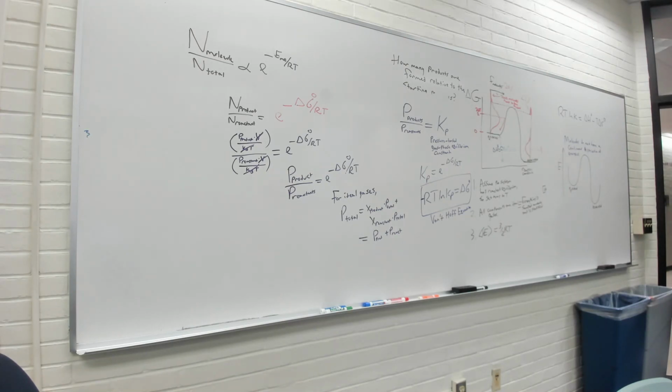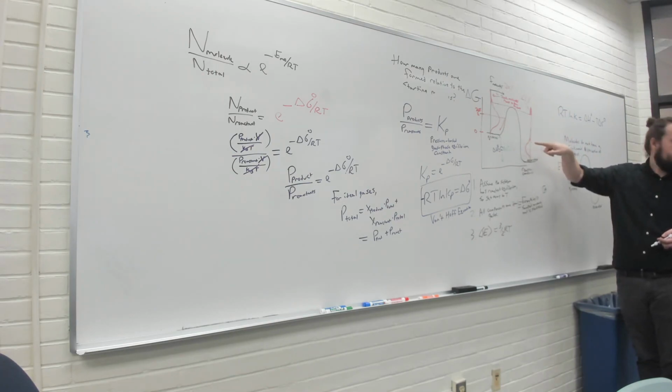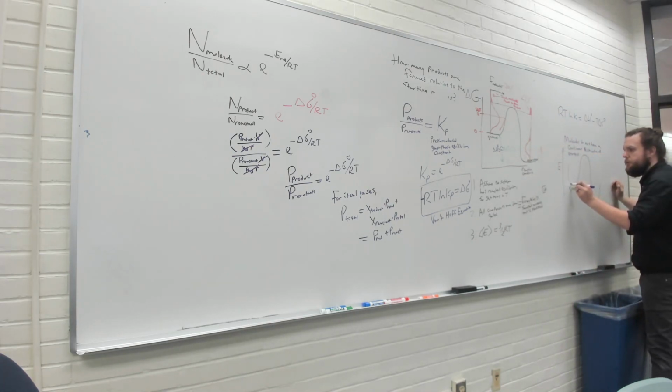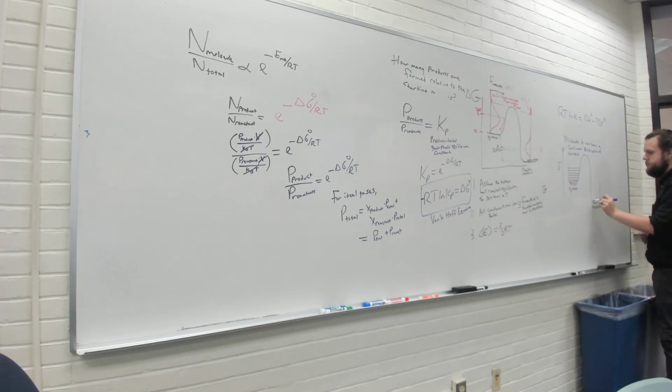They can only be at specific energies. So instead of drawing this distribution where molecules can be at any energy, they can only be at very discrete levels. So we'll often draw it like this, where there will be energy levels. Maybe down here the energy levels look like this. Who knows? All right, so the molecules can only exist in there.